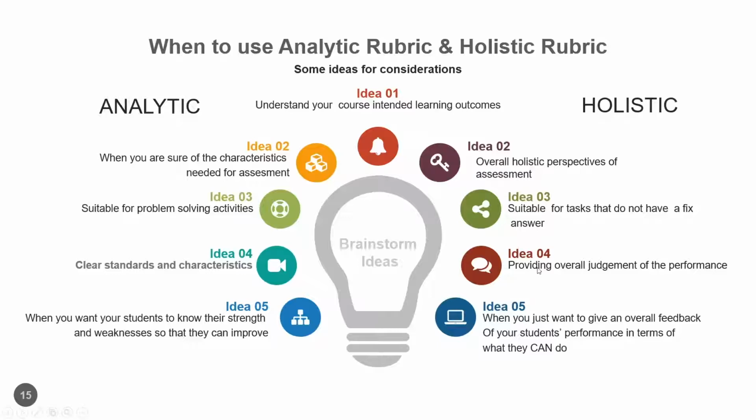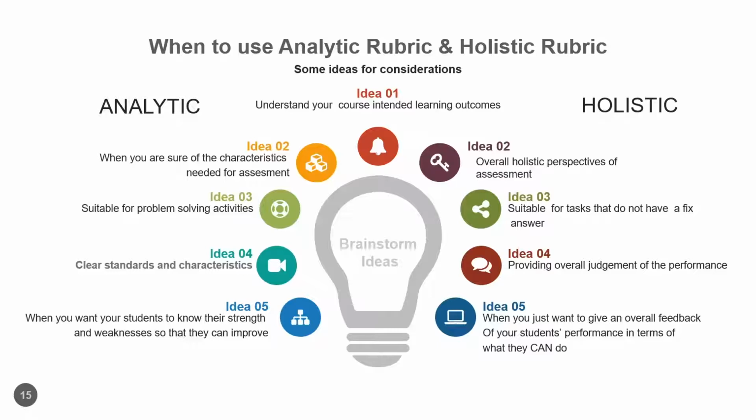And even if you are giving feedback, it's going to be an overall judgment of their performance. It's not specific characteristics of their performance, but overall judgment of their performance. And when you just want to give overall feedback of your students' performance in terms of what they can do, then holistic will be the right type of rubric to use.